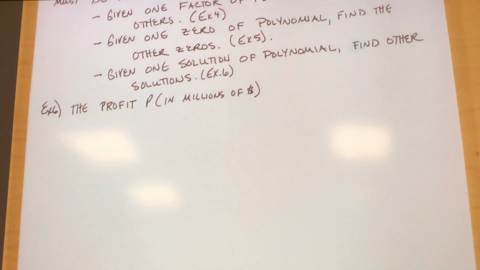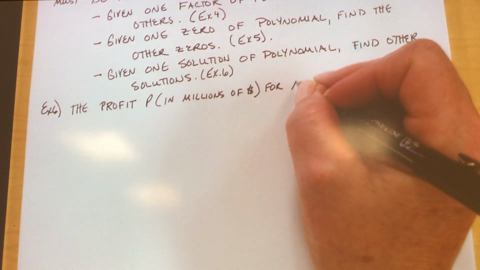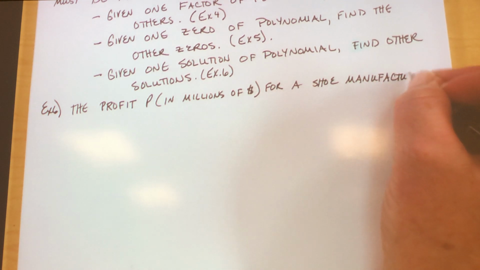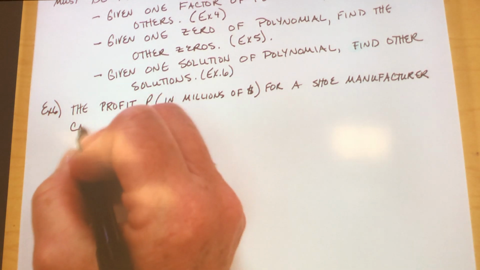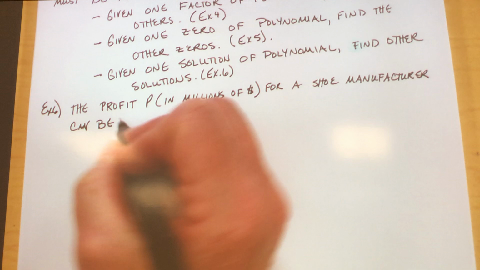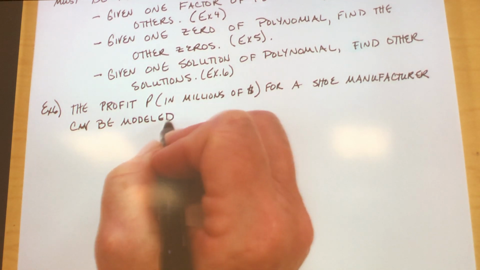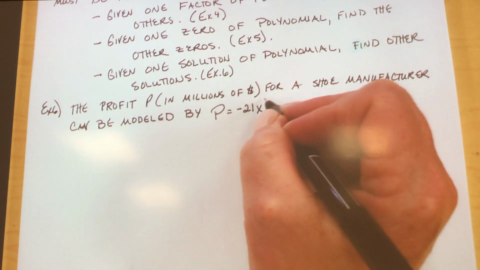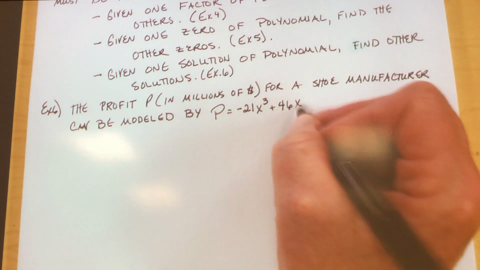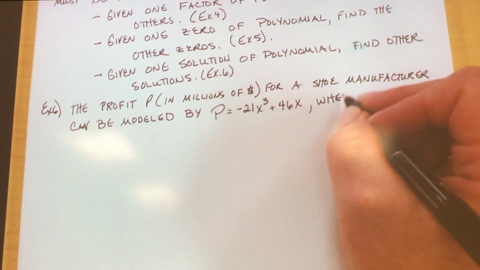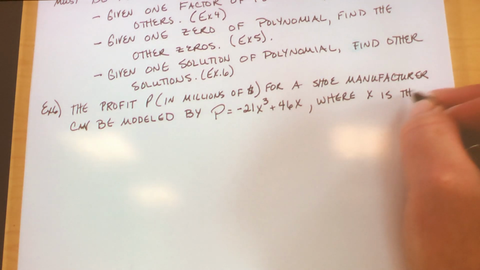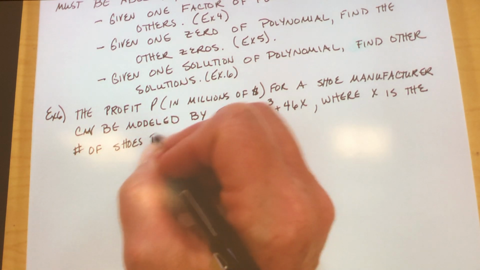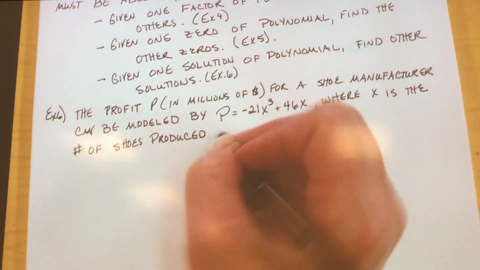The profit P in millions of dollars for a shoe manufacturer can be modeled by P is equal to negative 21 x to the third plus 46x, where x is the number of shoes produced in millions.